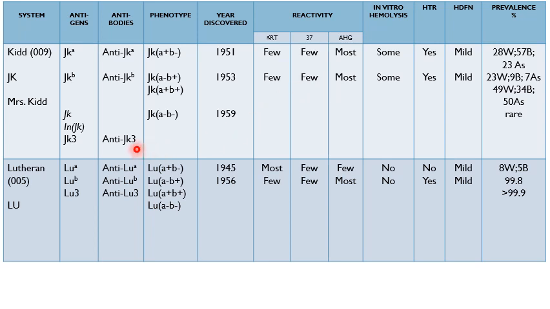Anti-JK3 is an IgG and reactive at AHG phase. The individual making this antibody is type JKA negative B negative. So the null phenotype JKA negative B negative makes anti-JK3.